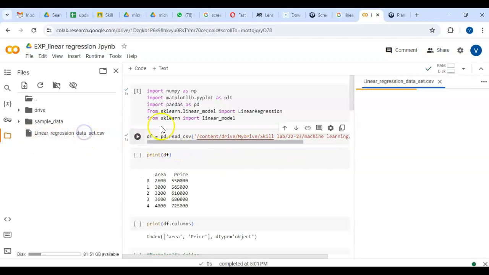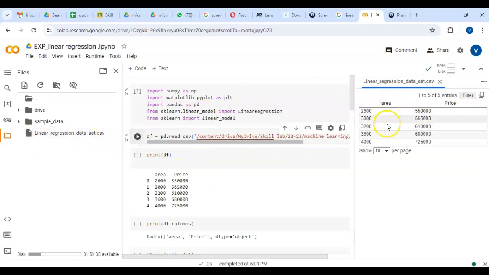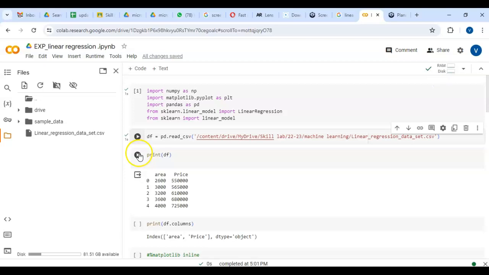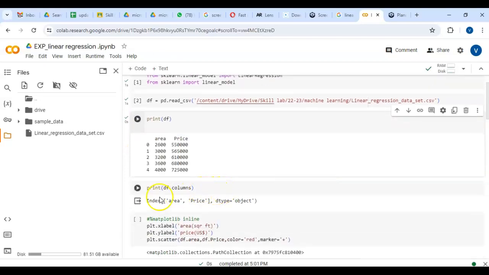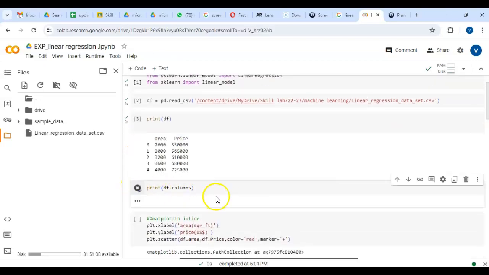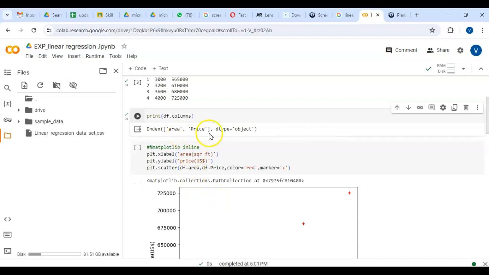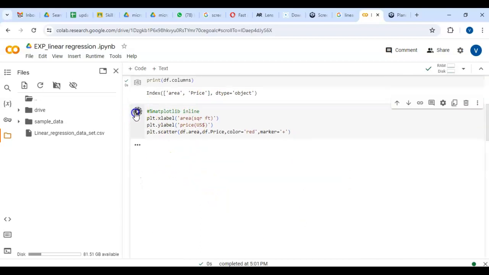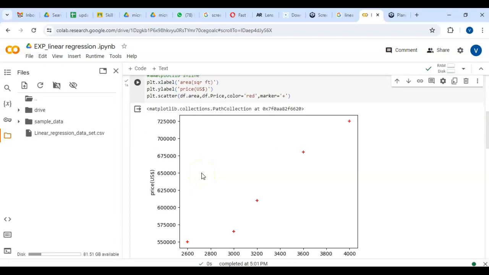If you see this file, it has area and price. It is a very small file that I have taken. After reading it, I am printing it. These are the columns, area and price. Then I am plotting the scatter plot of the data set.